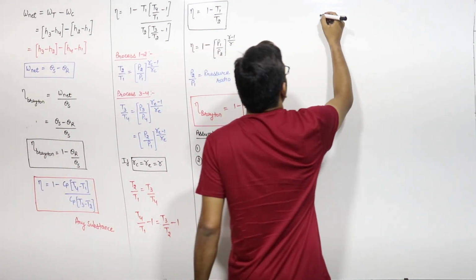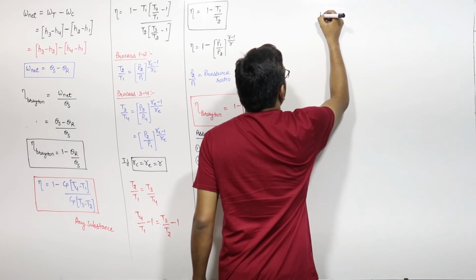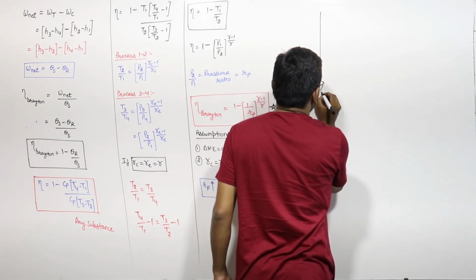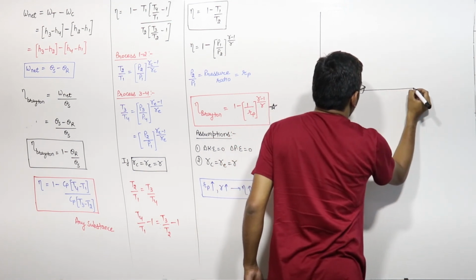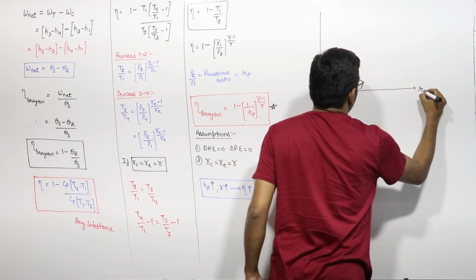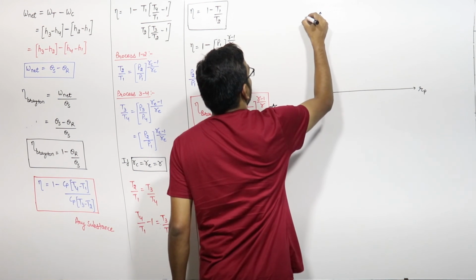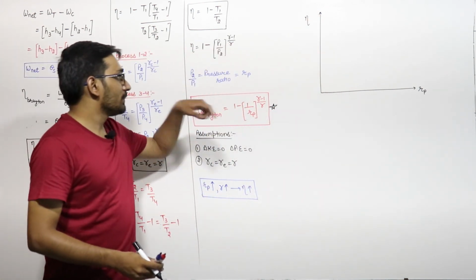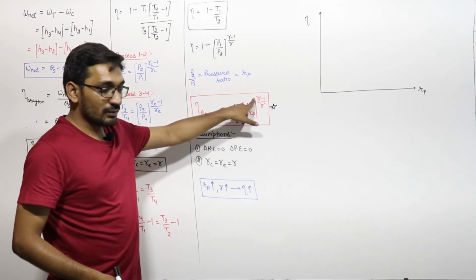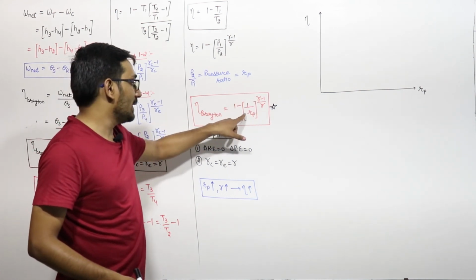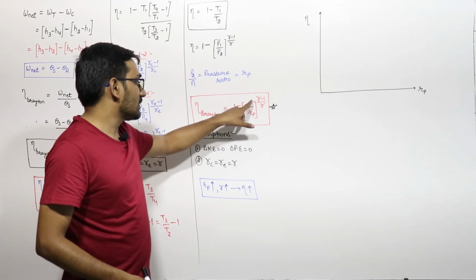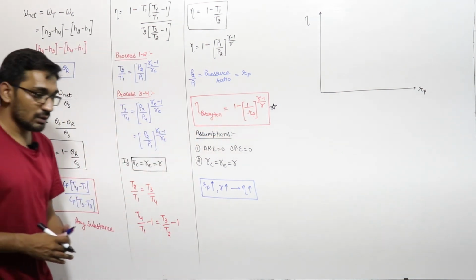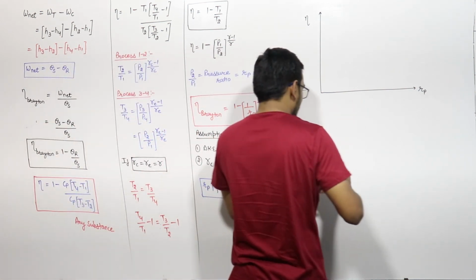Suppose let us make a graph of efficiency versus pressure ratio, right? Let us say this is pressure ratio and this coordinate is efficiency of the Brayton cycle. Suppose gamma is 1, then this complete value will be 1, then efficiency of the Brayton cycle will be 0, right?